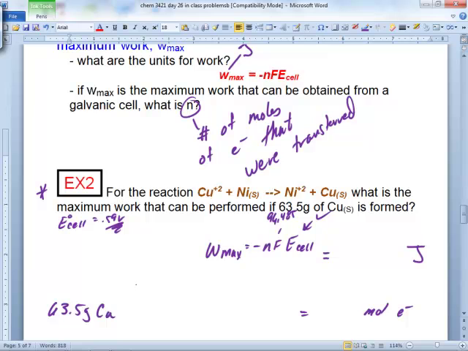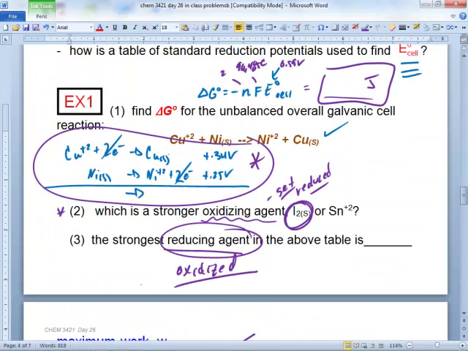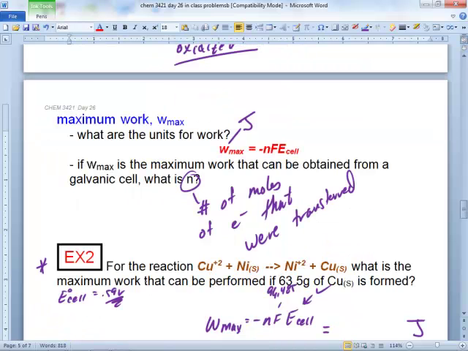Well, let's go back into the inner workings of this. If you use the overall reaction, that's where it seems problematic to me. I don't see electrons in there anywhere, so you can't use that reaction for a mole bridge. What you could do is find the half reaction that has Cu solid in it.